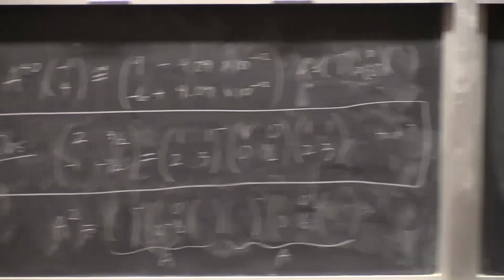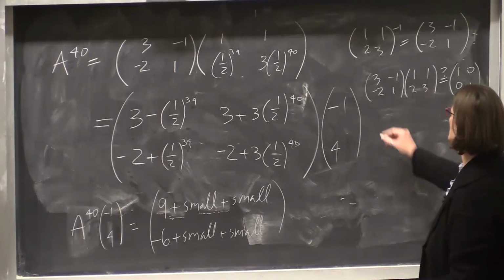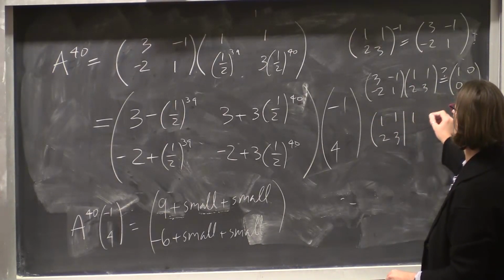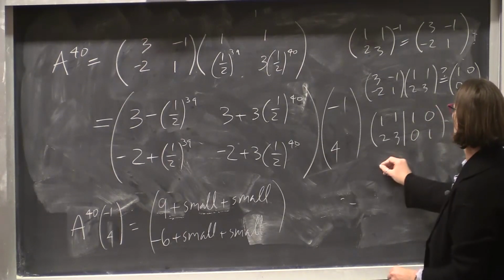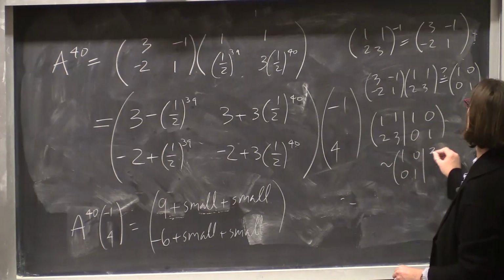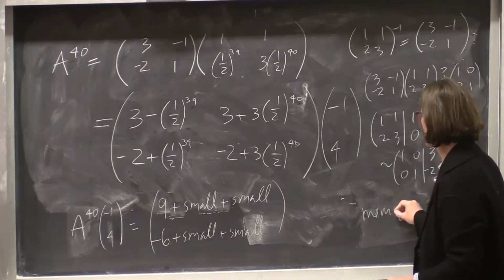So this was the inverse of this matrix. So you can check it works. Otherwise, you would have to actually do the algorithm. And at the end of the day, you would get this. Or you would have to memorize.